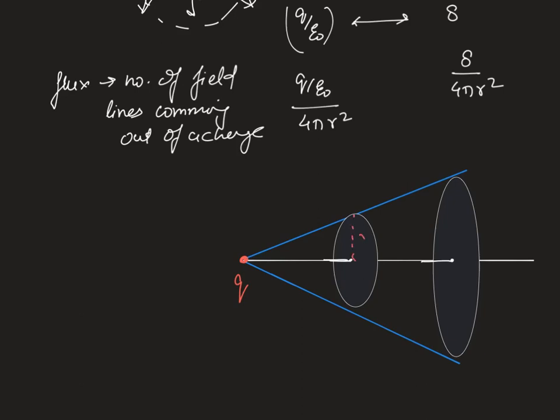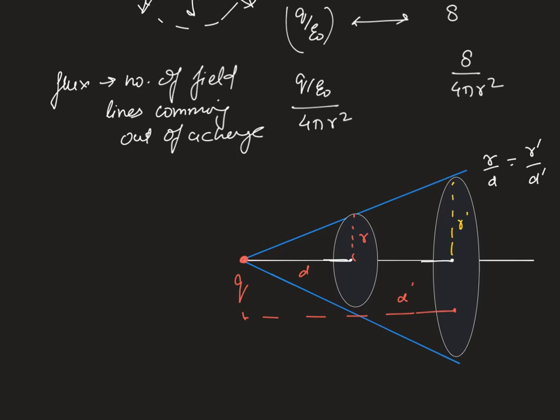Let's say this distance is r, and this distance is r dash, and let's say this distance is d, and the entire distance, the big distance here, is d dash. So symmetry simply means, by similar triangles, that r upon d equals r dash upon d dash.